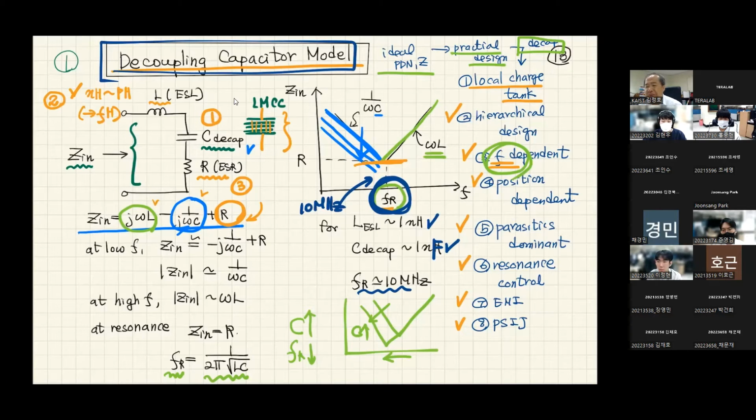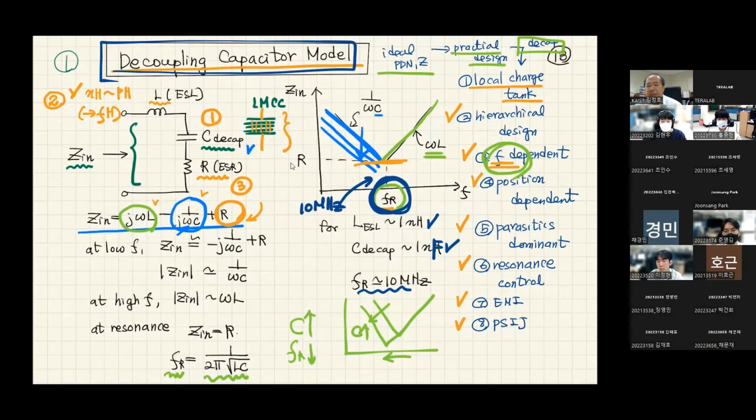However, as long as you have a physical size of decoupling capacitor, it usually has inductance. For example, let's assume that you have a capacitor with a size in the millimeter range, then you're going to have a self-resonance frequency of 10 megahertz. That means it is very effective for supplying high frequency charge at around 100 megahertz.